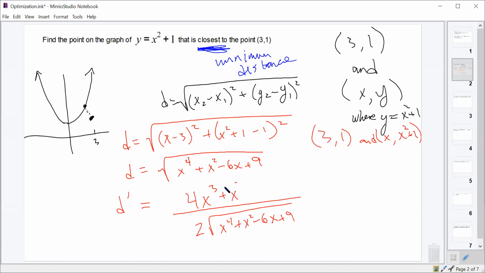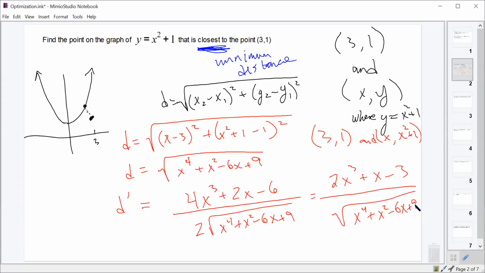I wrote x squared by mistake. We could simplify that by factoring out a 2 and dividing, so that's (2x cubed plus x minus 3) over the square root of x to the 4th plus x squared minus 6x plus 9.